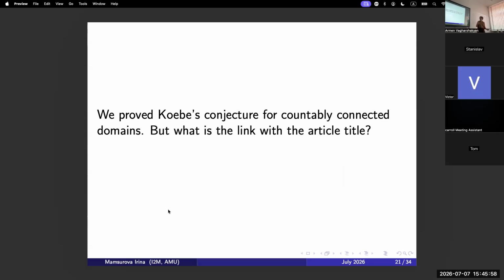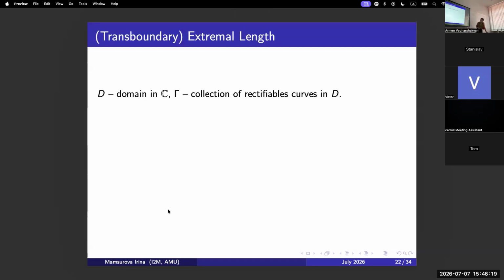This is a generalization of a known method in conformal theory. So I will just say very rapidly what extremal length is.